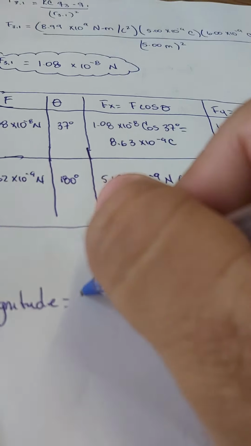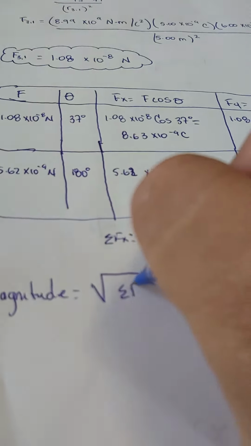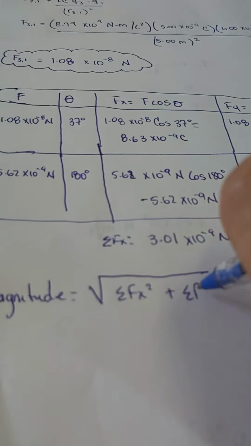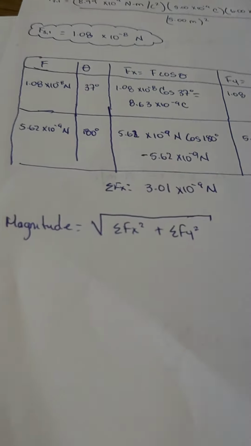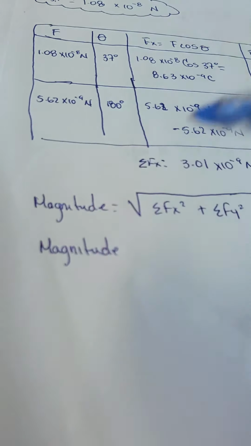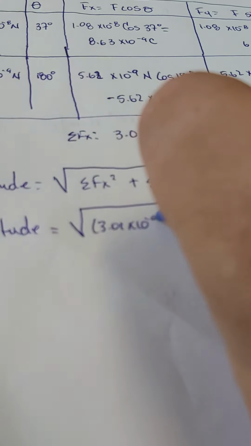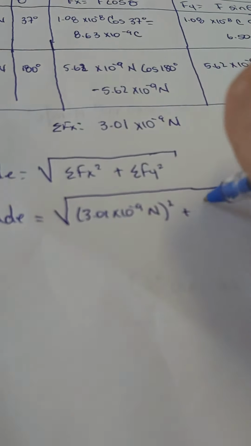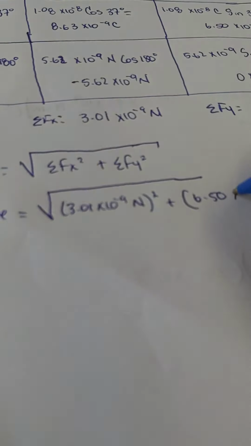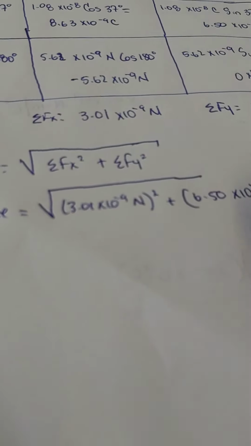Now, magnitude. Remember, magnitude will be equal to the square root of the summation of Fx squared plus the summation of Fy squared. So the magnitude will be equal to the square root of 3.01 times 10 to the negative 9 newtons squared plus 6.50 times 10 to the negative 9 newtons squared.